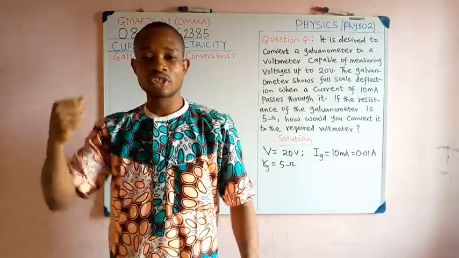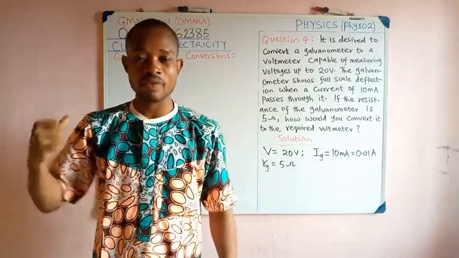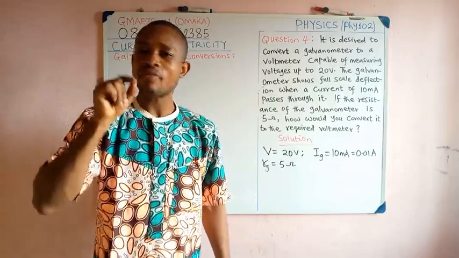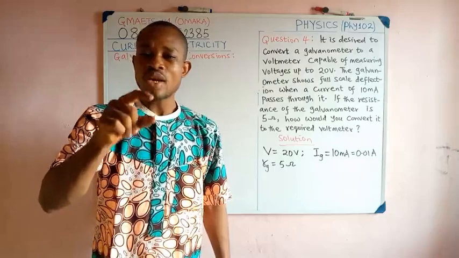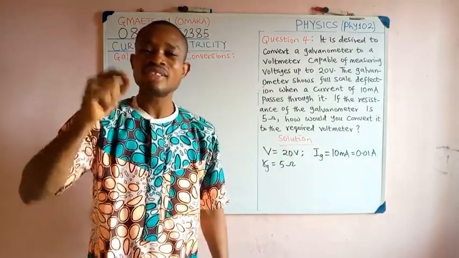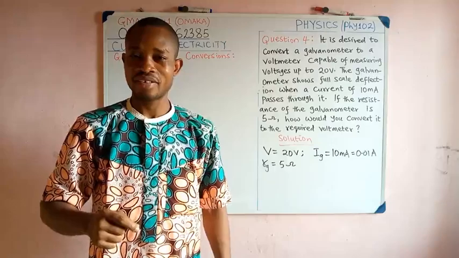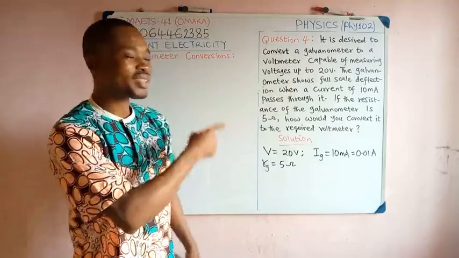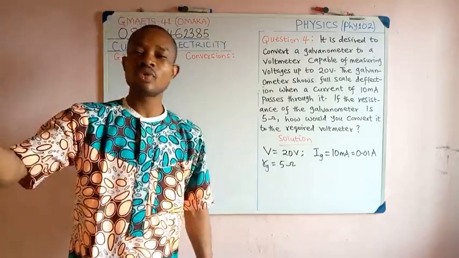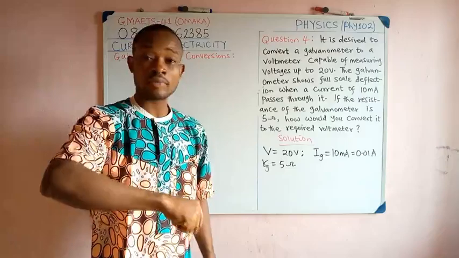Just like for the shunt calculation, when we were converting galvanometer to ammeter, the base formula was that when materials in an electric circuit are connected in parallel, they have the same voltage. Is that clear? Now, when materials are connected in series, what do they have? Is it the same voltage or the same current? That's very correct. It's the same current.